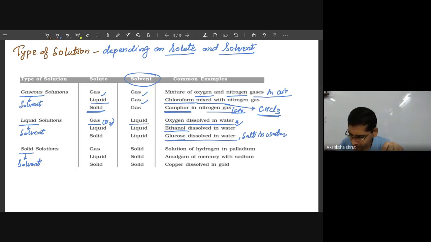So, solution of hydrogen in palladium, this example has been taken. Hydrogen gets absorbed over the palladium. Palladium is a metal and it has the tendency to adsorb, basically not absorb, the better term is adsorb. So it gets adsorbed inside the palladium. Another common example you can take is air in a sponge ball.